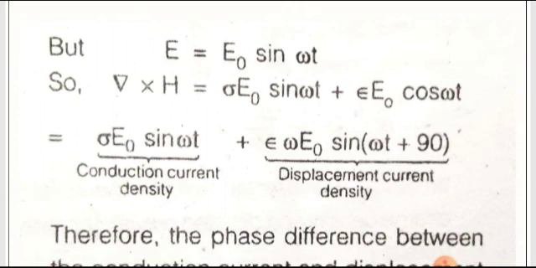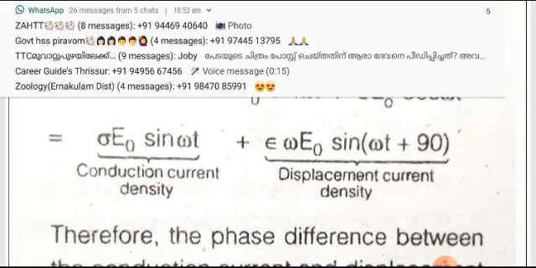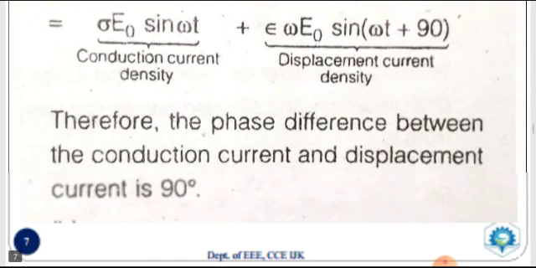That is equal to sigma E0 sin omega t, the conduction current density, plus epsilon omega E0 sin of omega t plus 90, because cos omega t is equal to sin of omega t plus 90, that is the displacement current density. Now from here it is clear that the displacement current leads by 90 degrees, and therefore the phase difference between the conduction current and the displacement current is 90 degrees.